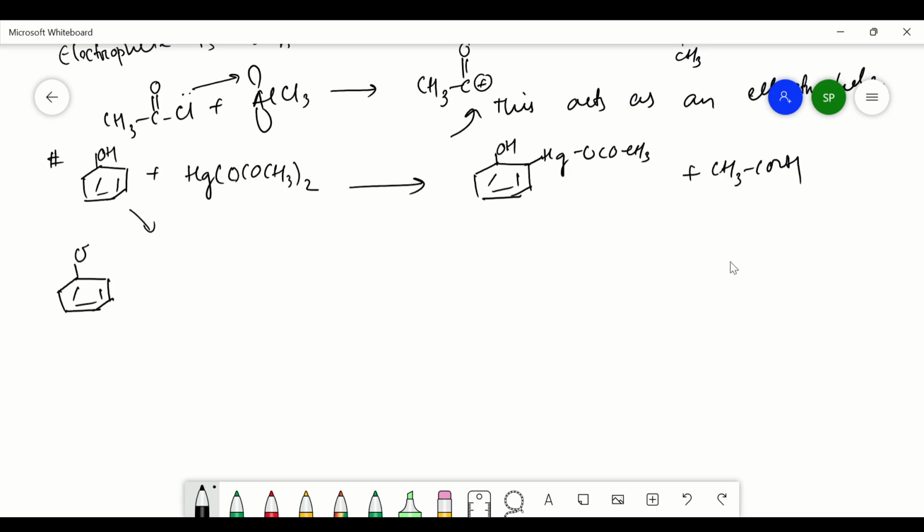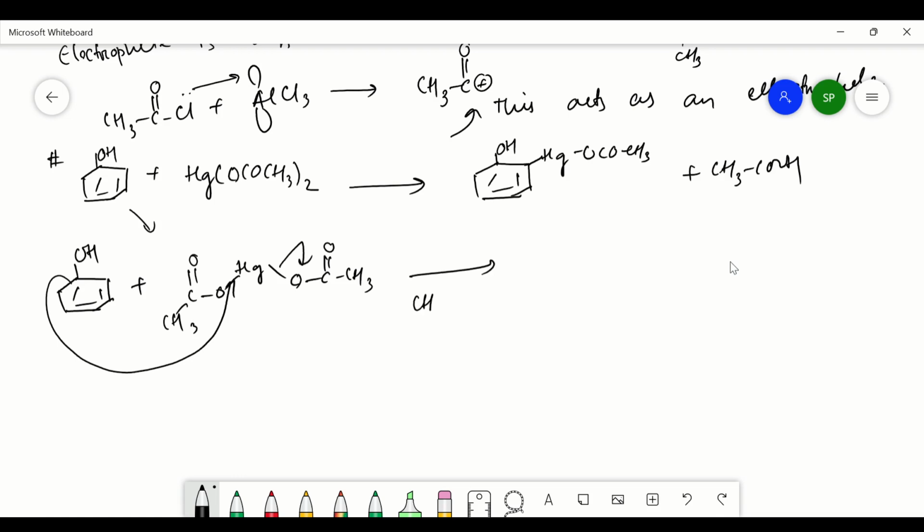The mechanism of this reaction proceeds as follows. Phenol reacts with mercuric acetate, Hg(OCOCH3)2. Now the double bond electron attacks Hg and this leaves as CH3COO minus, and there is formation of the mercury compound.